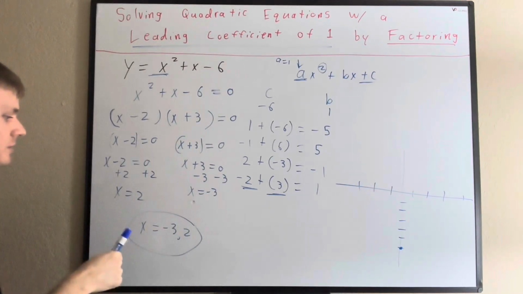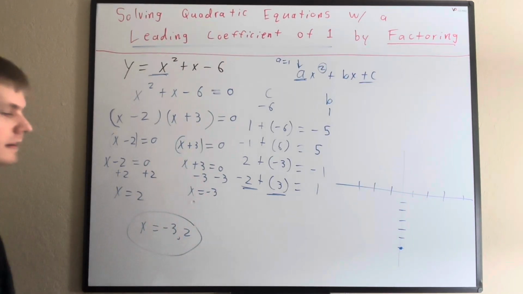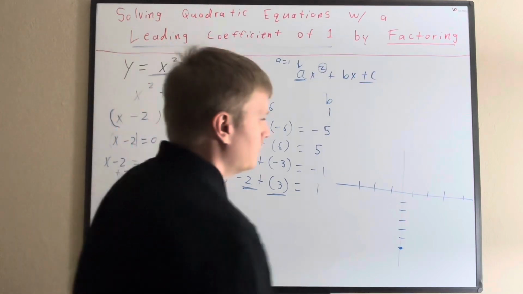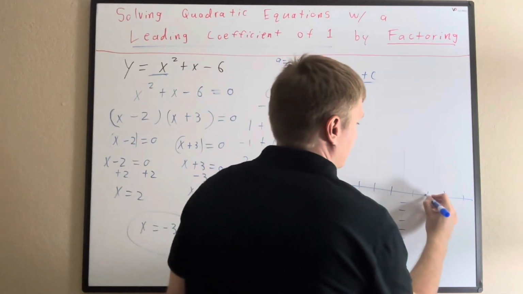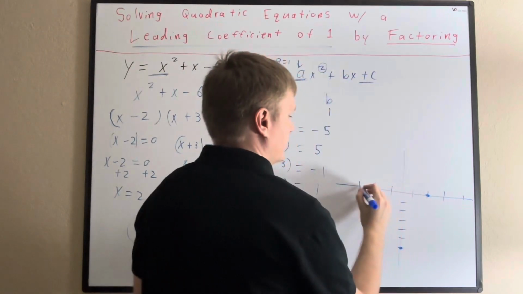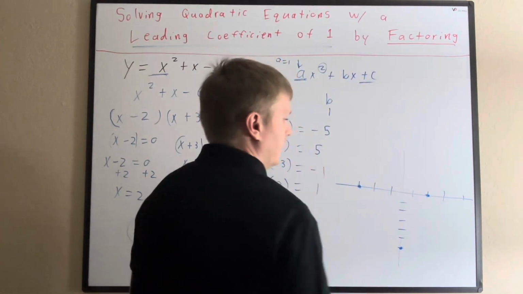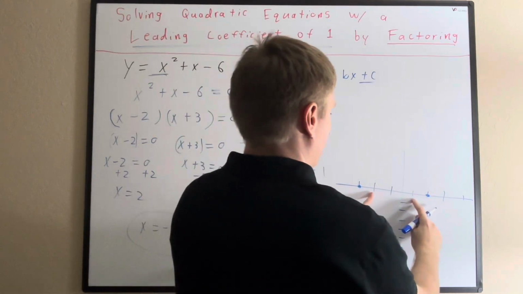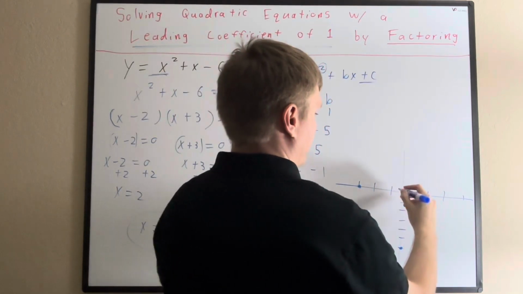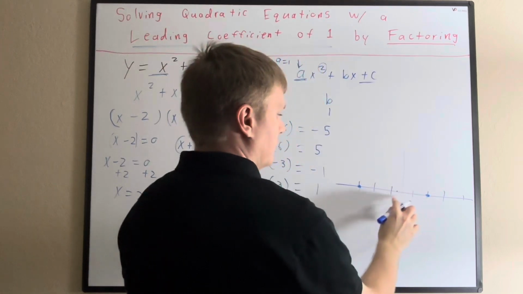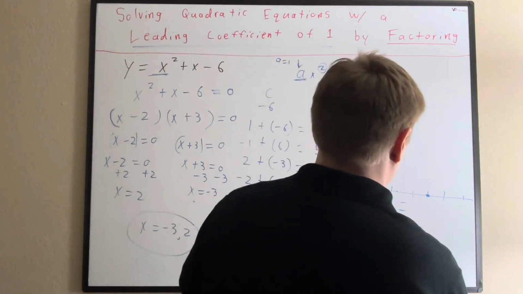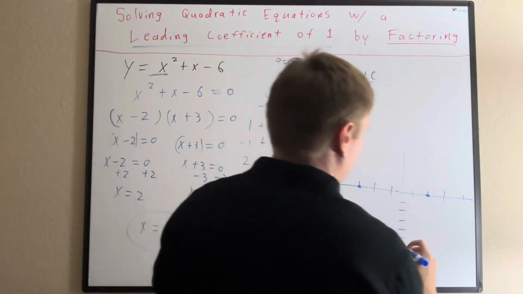But I want to show you how you graph that. If x equals -3 and 2, well, 1, 2, that's a point. 1, 2, -3, that's a point. The midpoint is about halfway between -1 and 0, so -1/2. And the y-intercept is right there, right?